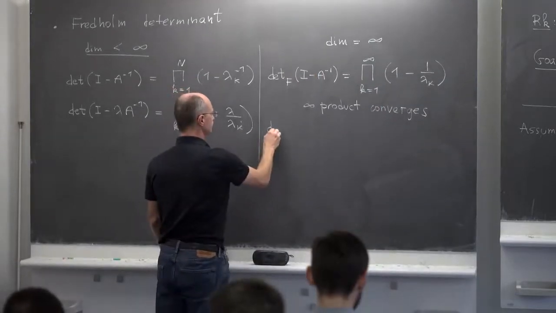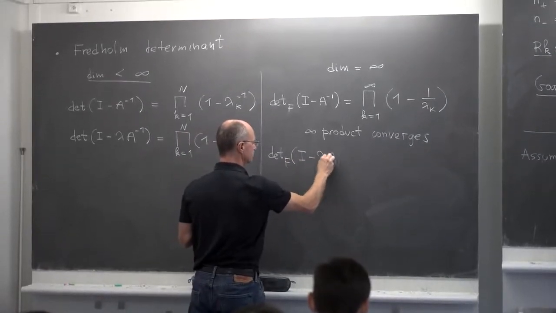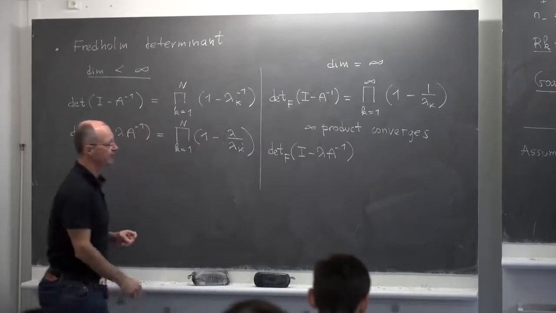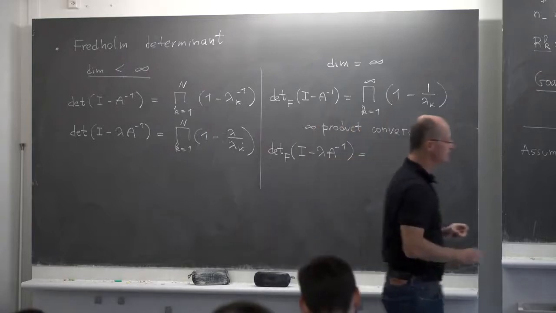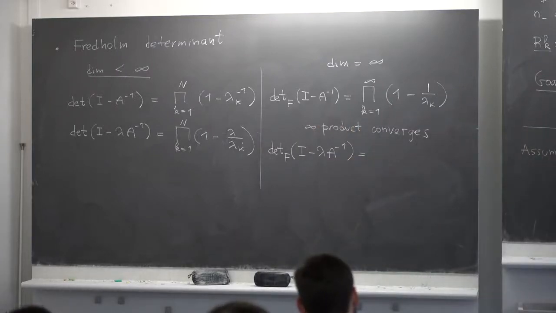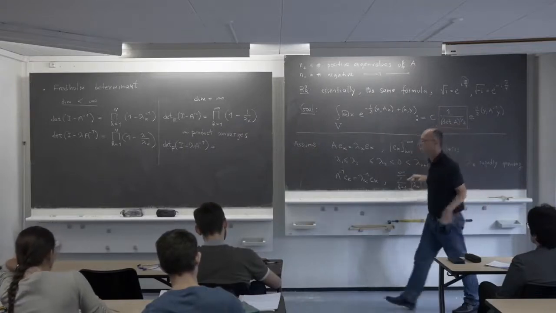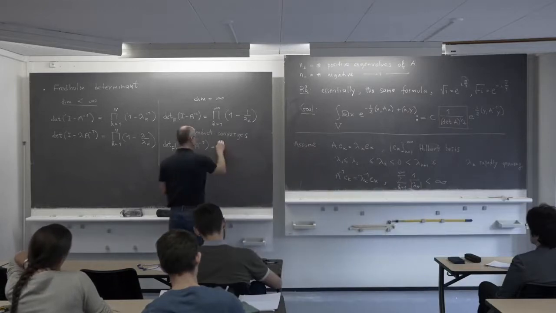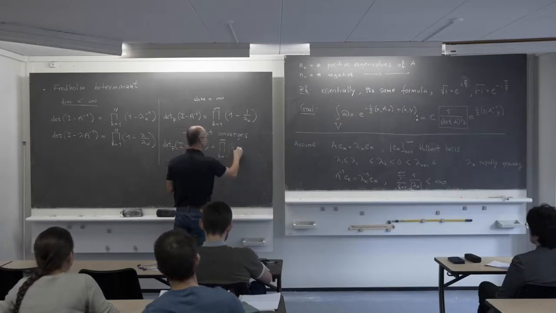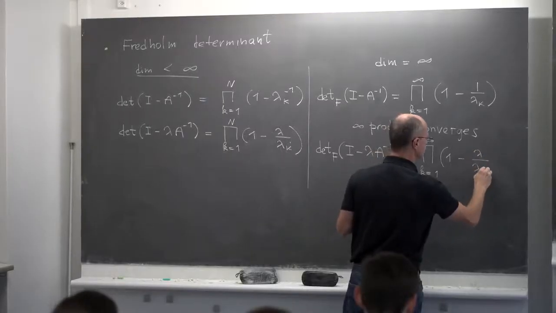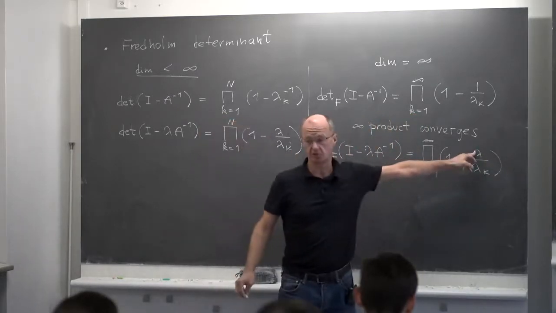Now, of course, in a very similar fashion, we can add the parameter lambda. If we divide all lambda k's by lambda, of course, this series is still absolutely convergent. We're just multiplying it by some number. So we obtain an infinite product, which now depends on lambda.